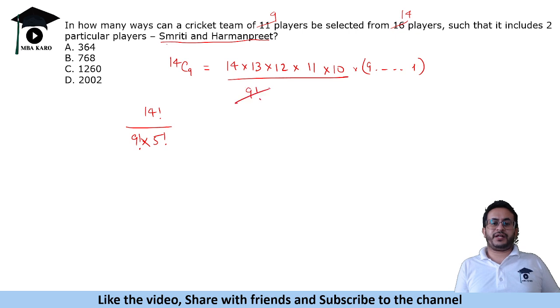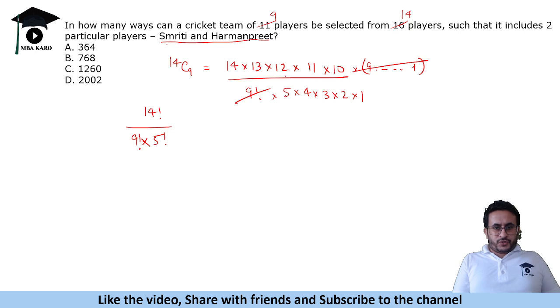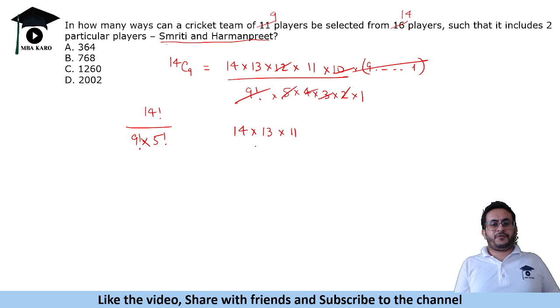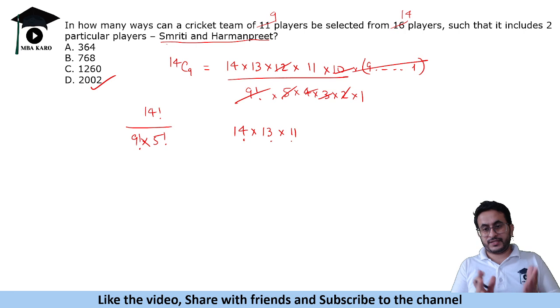So this is into 5 factorial, that is 5 into 4 into 3 into 2 into 1. So 5 into 2 is 10, gets removed. 4 into 3 is 12, that gets removed. So we have 14 into 13 into 11. Now the number is going to be 2002. So that is the number of ways of selection.